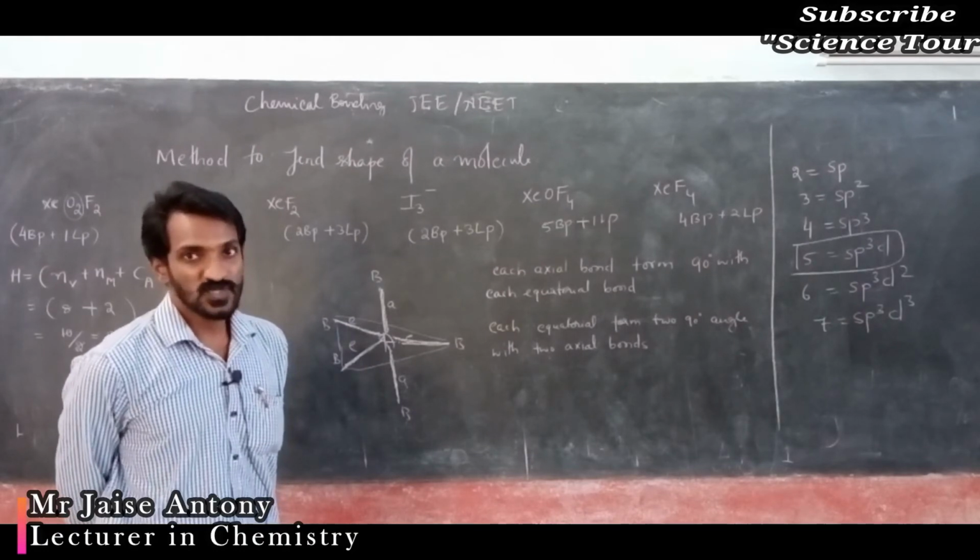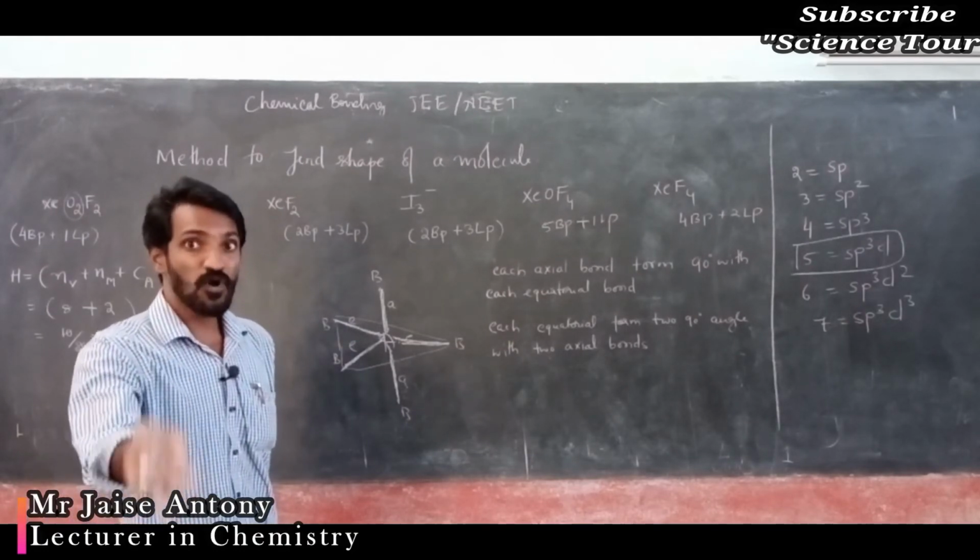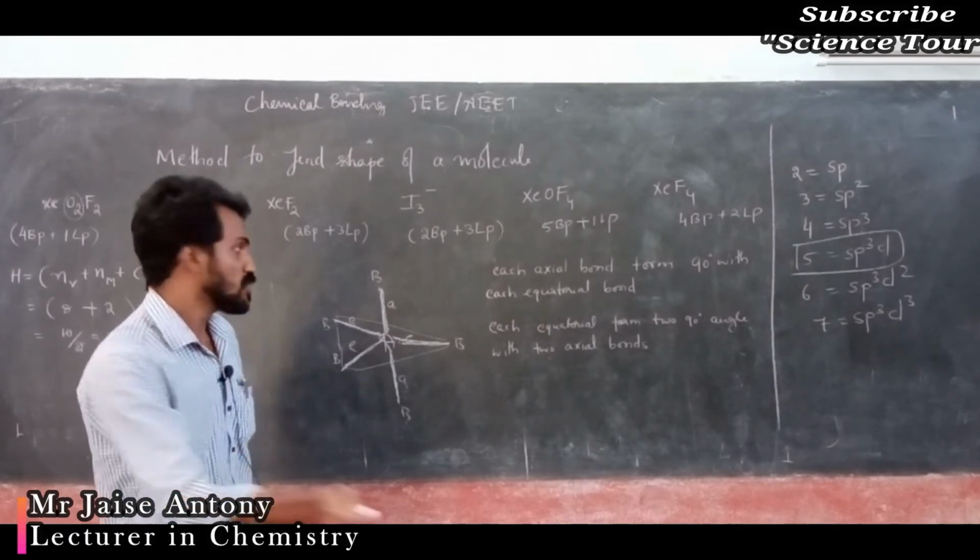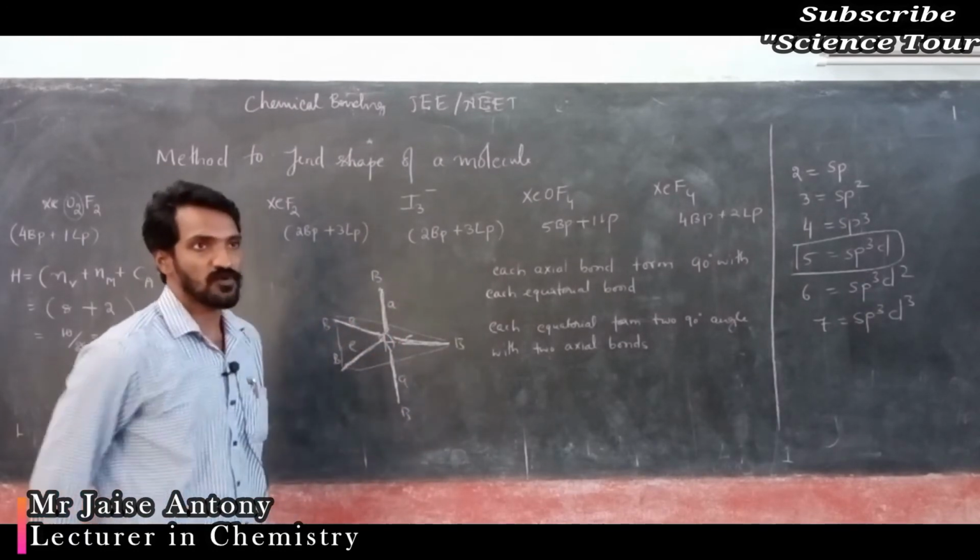Clear? So in which case is bond pair repulsion more, in axial bonding or equatorial bonding?